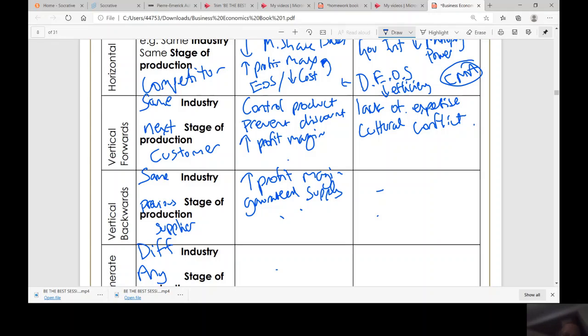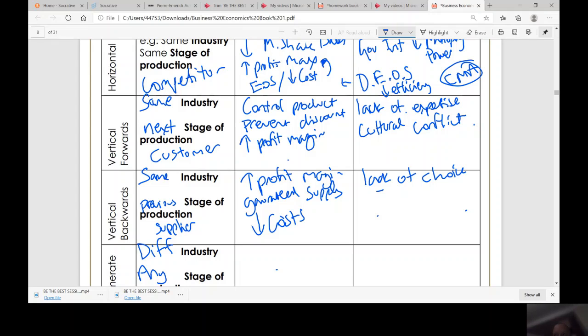So you can control your supply, and that in itself would reduce your costs. So you don't have to shop around or have a department that is involved in purchasing, because you're guaranteed that supply just becomes part of your operations. In terms of the downsides of that, once you are tied in, you have a lack of choice.